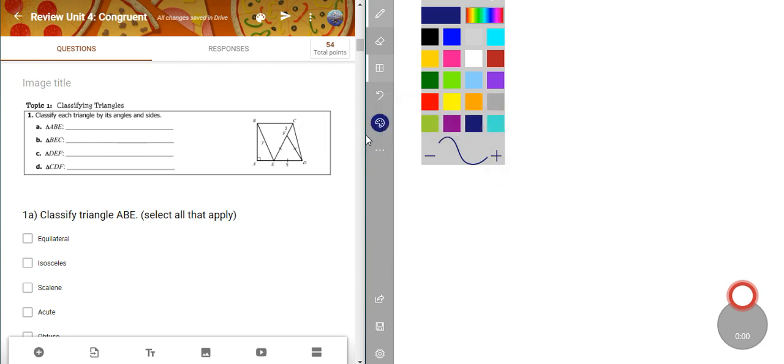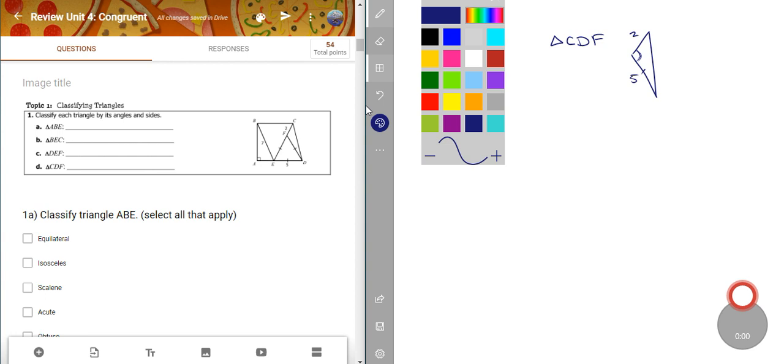And lastly, triangle CDF. There's our 2, that we knew was 5. That angle up here looks greater than 90.